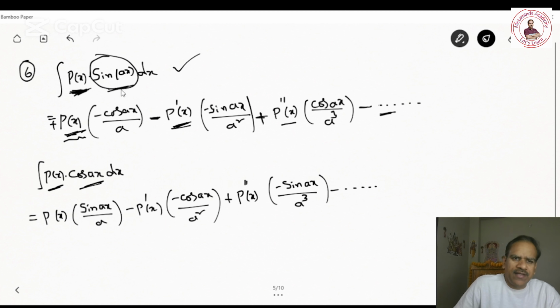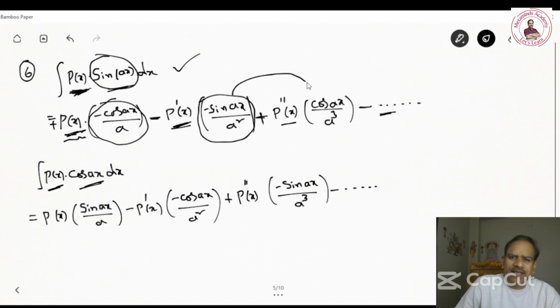But second term, second factor is sin ax, integration is minus cos ax by a. Integration of minus cos ax by a is minus sin ax by a square. Integration of minus sin ax by a square is cos ax by a cube, and so on, right?